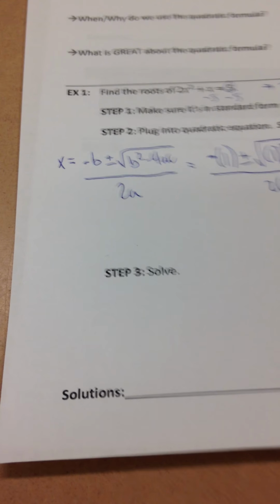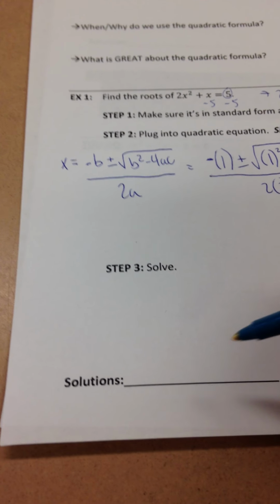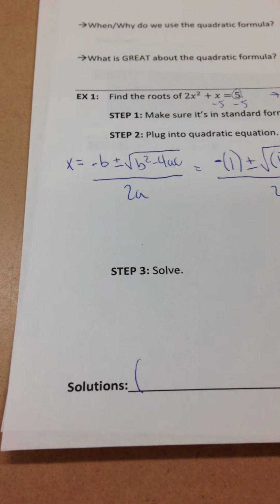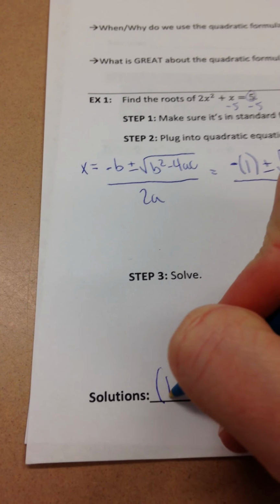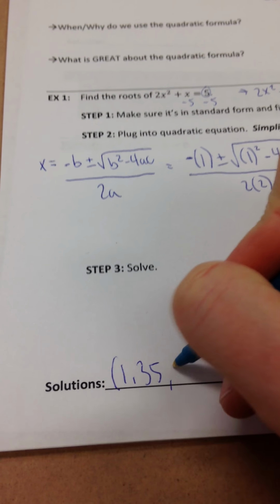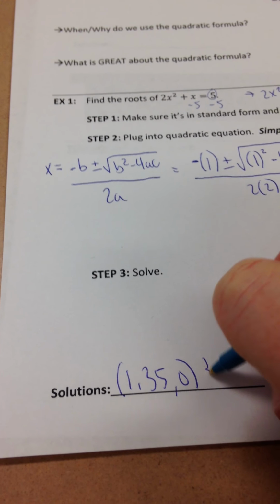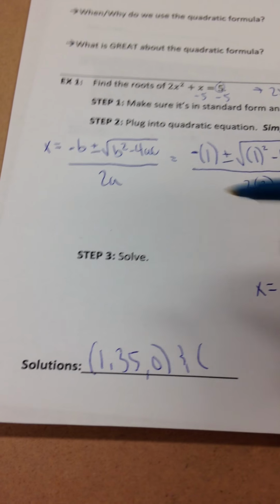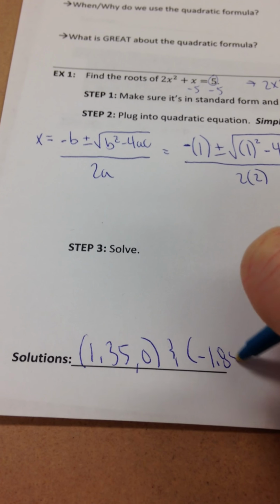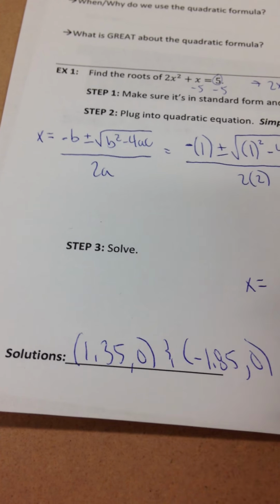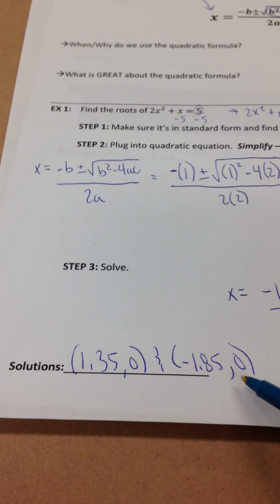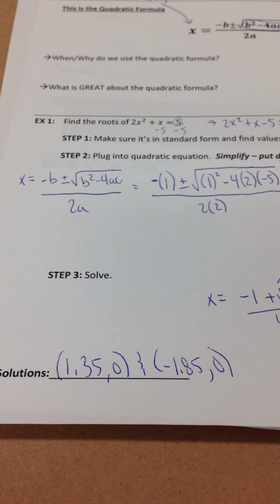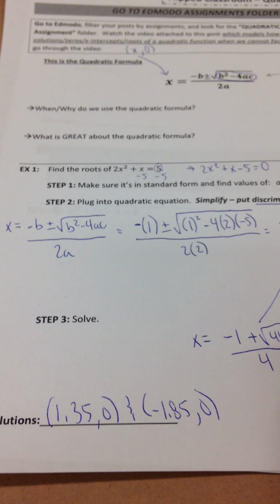So the way that we express our solutions, because they are roots, is as a coordinate point. So the first coordinate point is going to be 1.35, 0, and the second coordinate point, the second solution, is -1.85, 0. So these are your 2 solutions for this quadratic function.